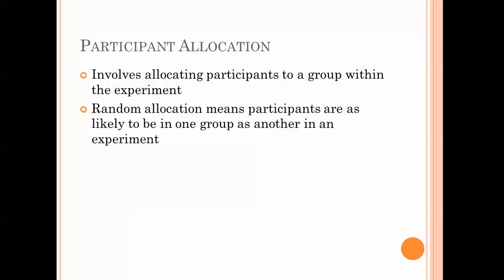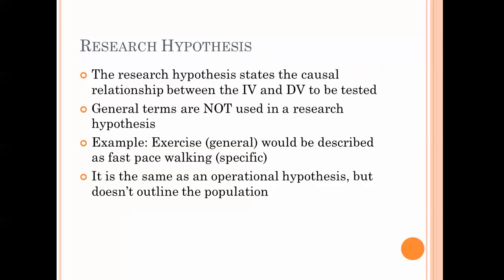We usually have a research hypothesis to start with when we do any experimental research. This is basically just a general prediction about what we expect the relationship between the IV and DV to be. And even though I said it's a general prediction, it doesn't use general terms. So for instance, I couldn't just say lollies will raise people's IQ.